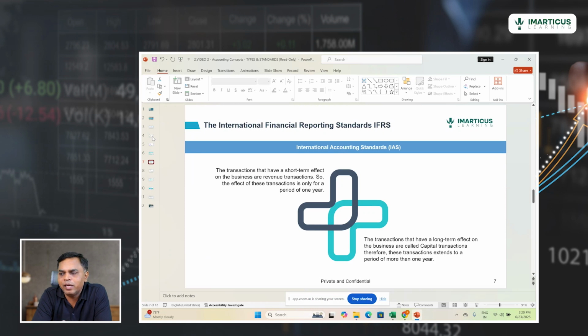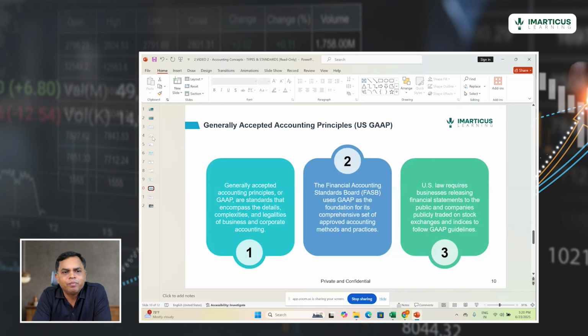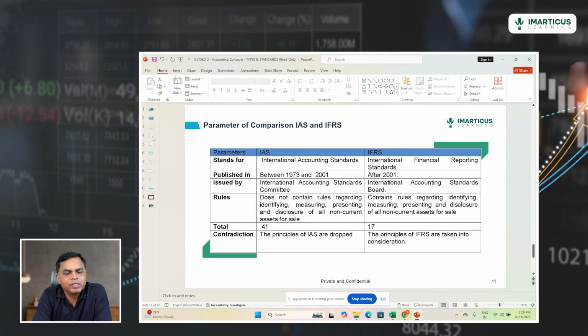And there is another accounting framework called GAAP, which stands for Generally Accepted Accounting Principles. GAAP is followed only in the US. So there are basically two accounting systems: IFRS and GAAP.